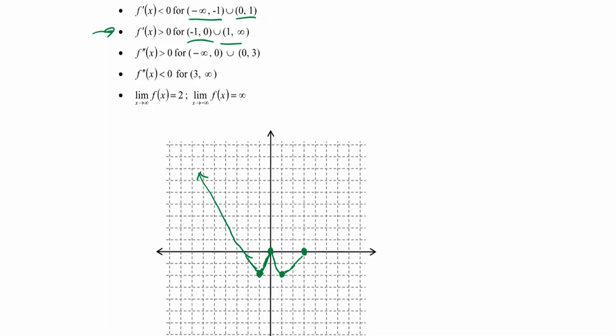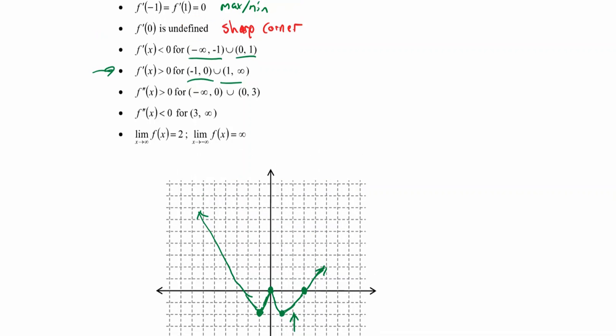And then 1 to infinity. I stopped it there, but it's looking like it should be increasing forever. I'll lightly put this here because I know something else is going to happen in a minute.